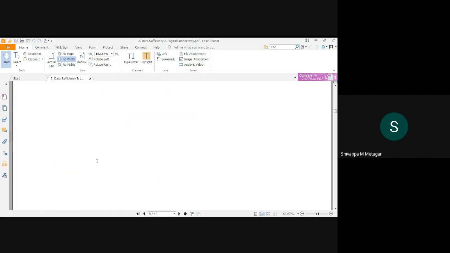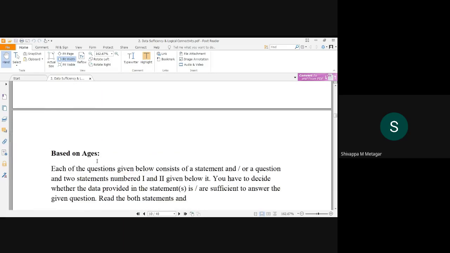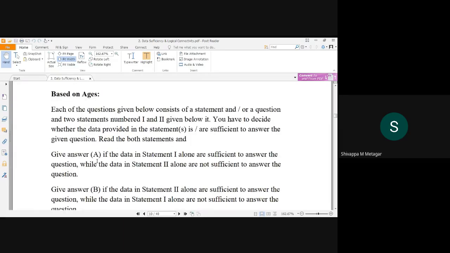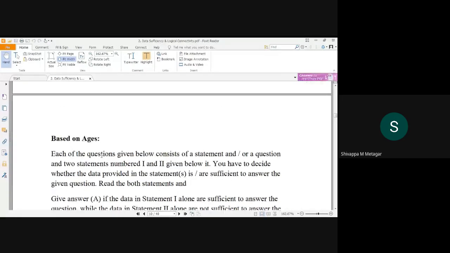Okay, now we can go to the next problem statement, problems based on ages. Like this, some other examples are also there based on numbers. Now we can go to some examples on the age chapter. Here also it's the same thing.